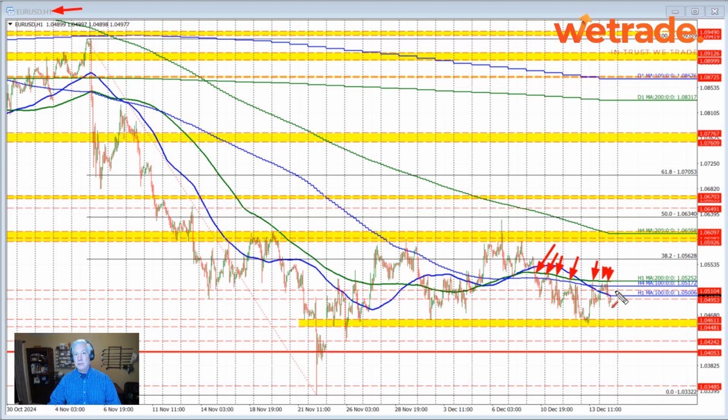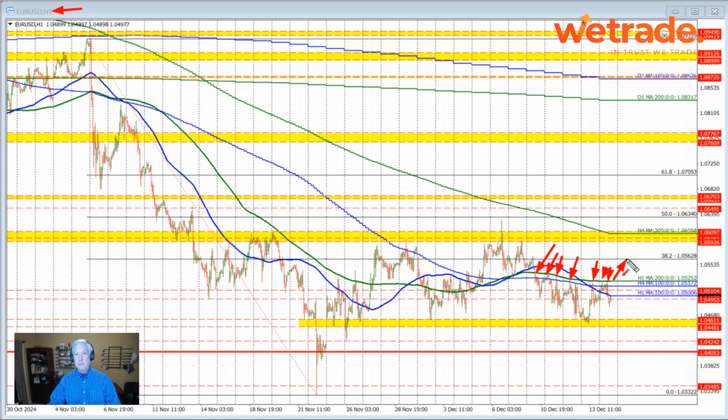We do have this cluster of moving averages, including the 100-bar moving average on the 4-hour chart, the 100-hour moving average. That's this lower blue line right here, which provide close resistance for the pair, but ultimately, if the price is going to stay more focused on the downside, staying below the 200-hour moving average is needed.